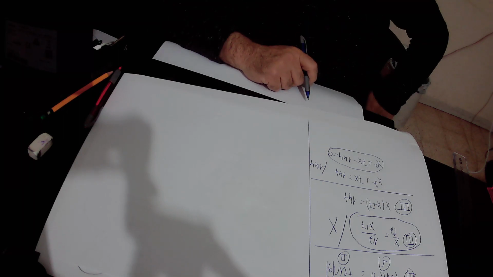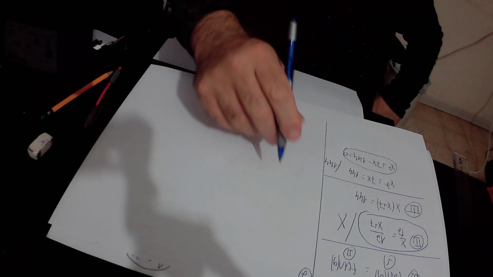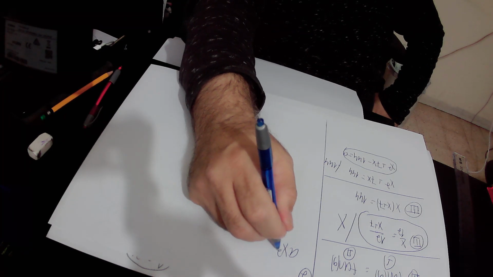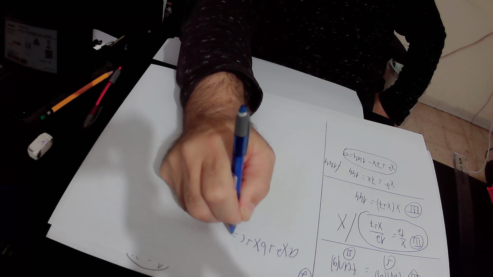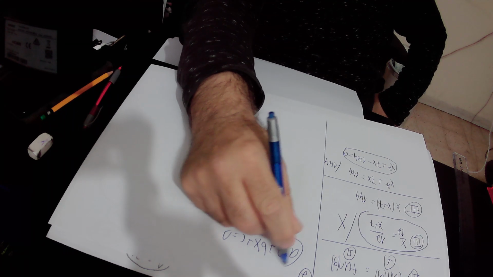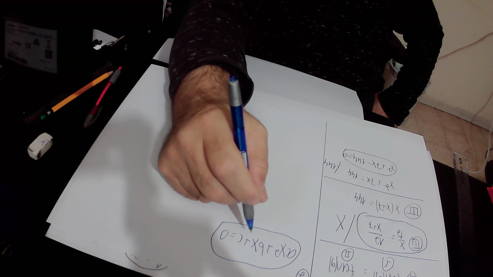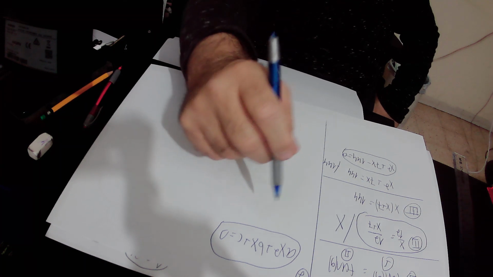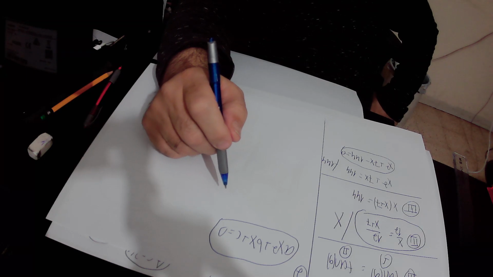This is a quadratic equation, and the general form of a quadratic equation is ax squared plus bx plus c equals 0. Here a, b, and c are the coefficients of the general quadratic equation, and x is the variable that we are looking for.